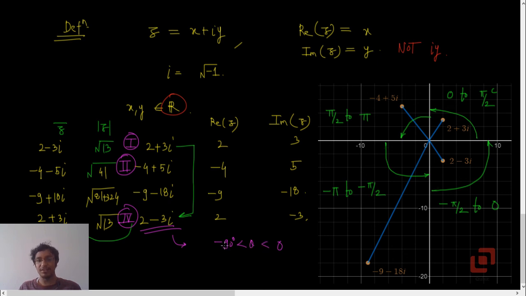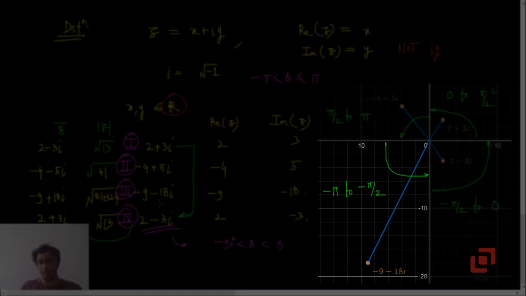We won't say that it is between 3π/2 and 2π, or 270 and 360 degrees, because the convention is we always talk about the principal argument, which lies in the range I mentioned, negative π to positive π.